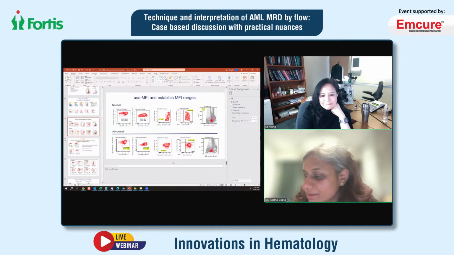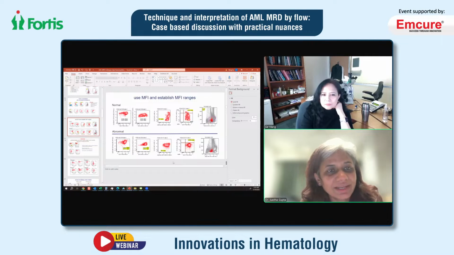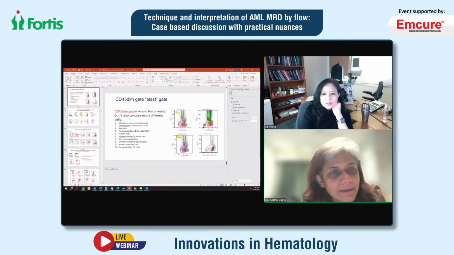Okay, and what are the common mimickers for the abnormal myeloblast? When we increase the number of events for acquisition in AML MRD, do we get any mimickers that can mimic the abnormal myeloid blast? Oh yeah, these can all be mimickers.